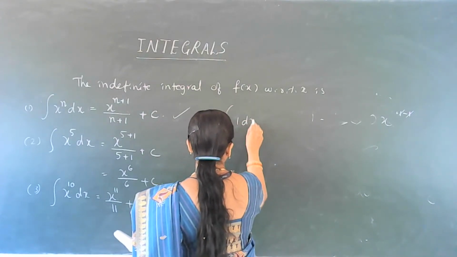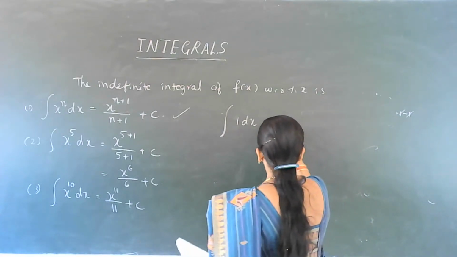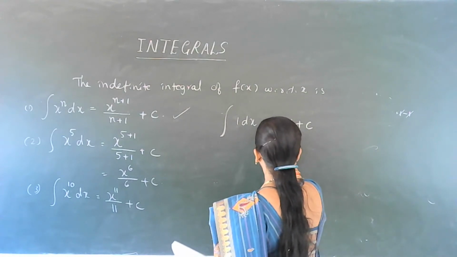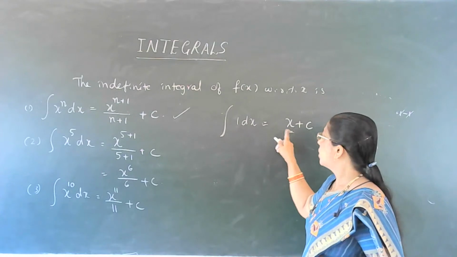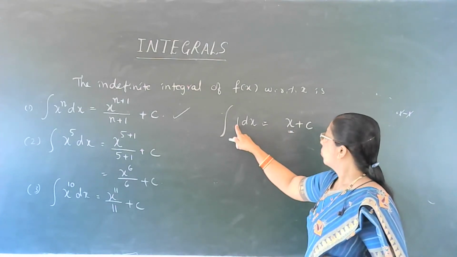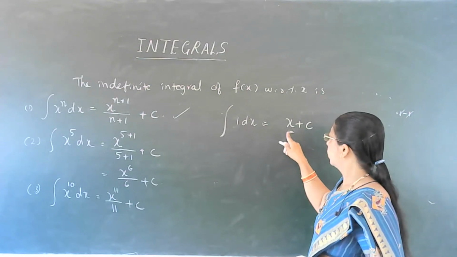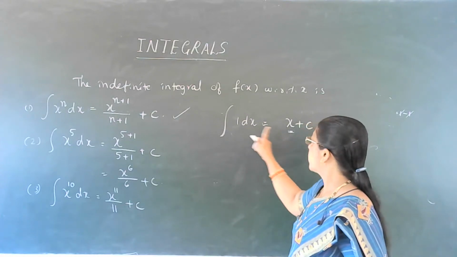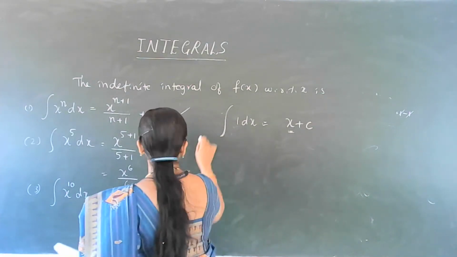Integration of 1 dx is equal to x plus c, because the derivative of x is 1. Therefore, integration of 1 dx is equal to x plus c.